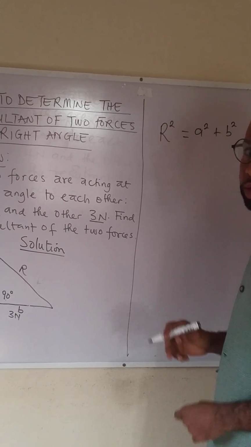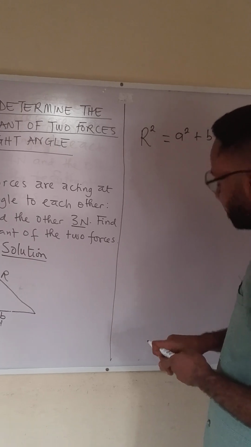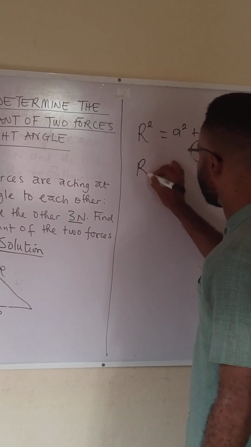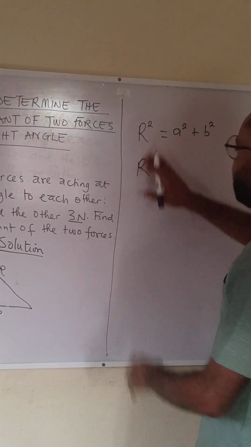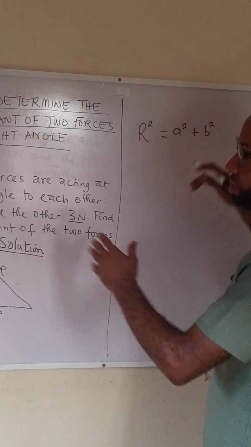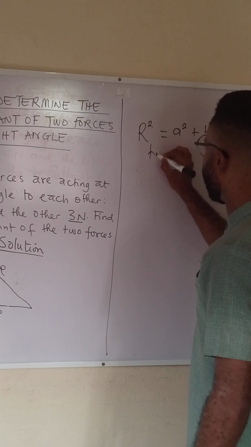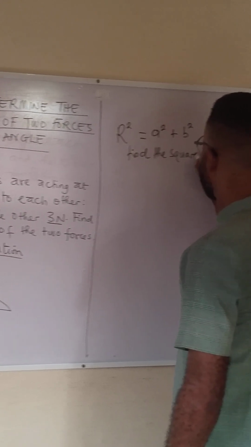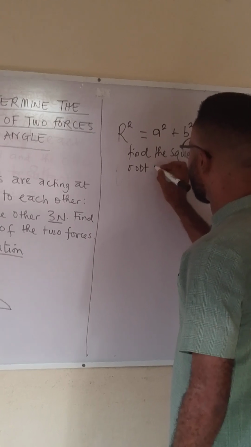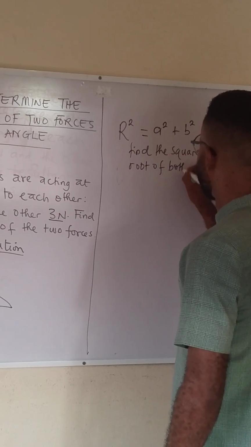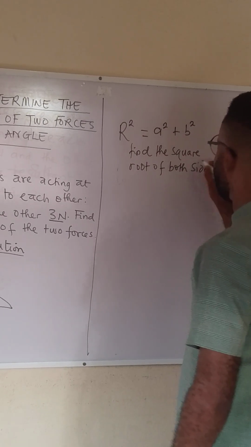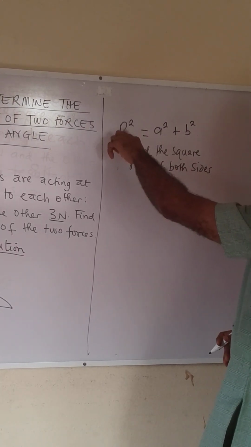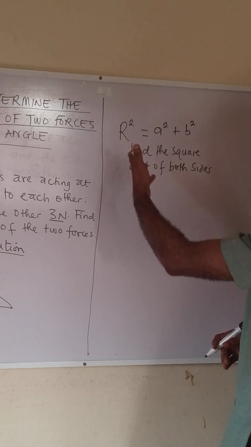And so since we are asked to determine the resultant, we can now find the square root of both sides. So the essence of determining the square root of both sides is to ensure that this R, which is the resultant, stands alone.